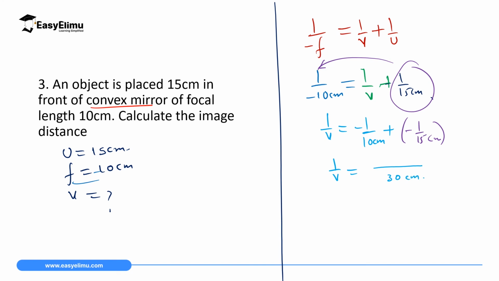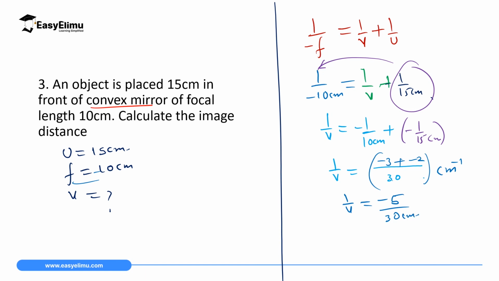So if we have our 30 as our LCM, then now we can solve it. 30 divided by 10 is 3 times negative 1 is negative 3, plus 30 divided by 15 is 2 times negative 1 is negative 2. Then what we will get here is per centimeter. Then now we can solve this as 1 over V is equals to negative 3 plus negative 2, that is negative 5 and then divided by 30 centimeter.